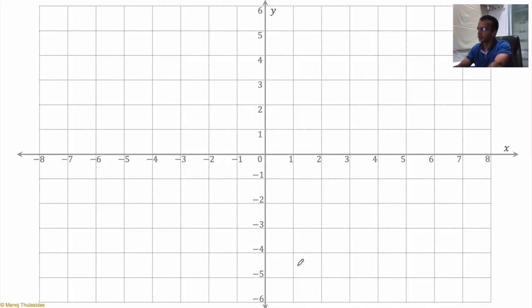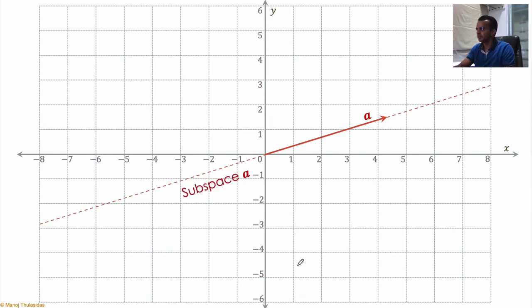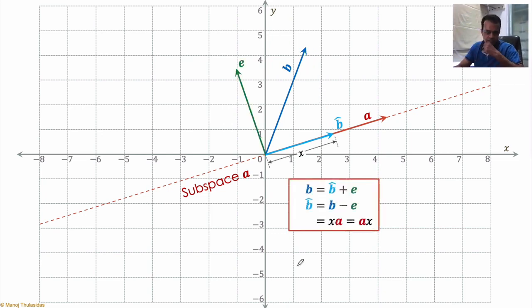So let me show this to you using better graphics. I have A there, that is a line that defines the subspace of A, and then I have a vector B there, and I have B hat, and among all the vectors along A in the subspace of A, I'm choosing this particular one because that perpendicular vector is the smallest possible one. So that is the vector. Since all our vectors start from the origin, I move it to the origin.